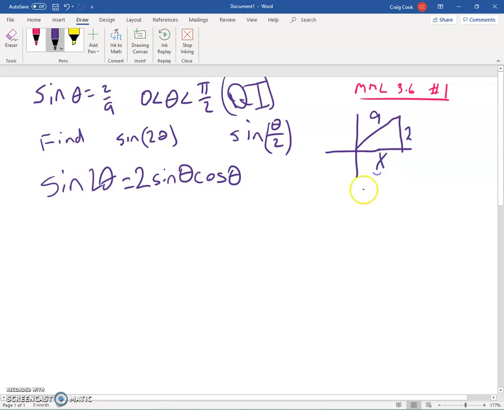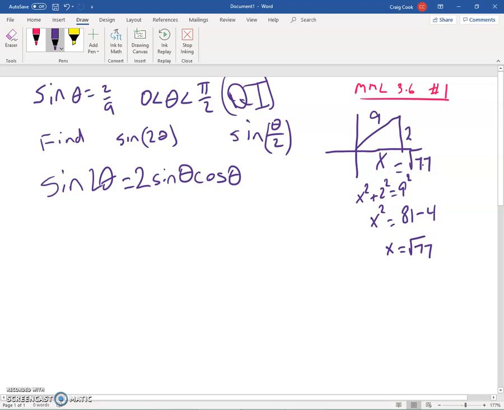And I need this value here. So x squared plus 2 squared equals 9 squared. So x squared would be equal to 81 minus the 4 from that side, which is 77. So x would be root 77.